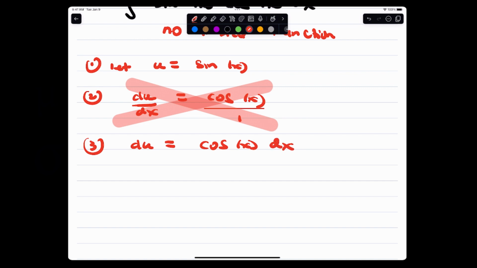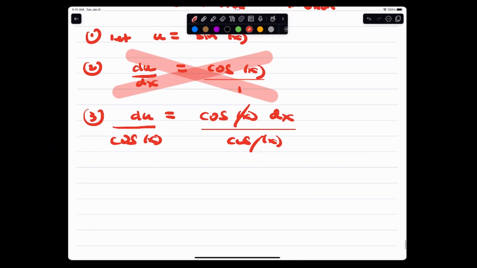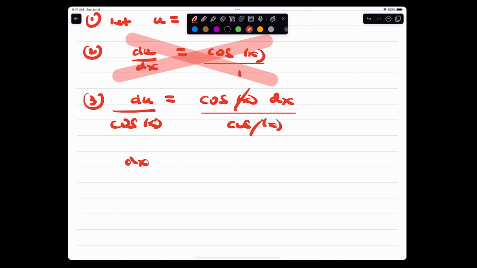Cosine x dx. You're solving for dx in step 3. So divide both sides by cosine here. And you say, oh, I see what dx is now. What is dx? That's du over what? Over cosine.